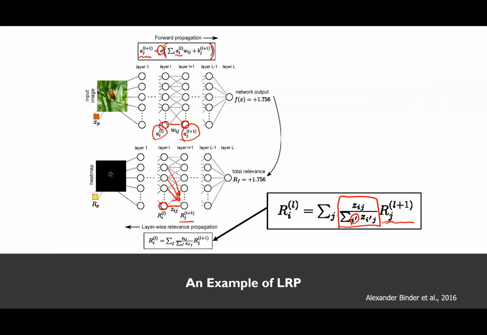I collect all of those contributions from all the possible nodes connected in the next layer. So if we have a ladybug image, the location where the ladybug is will be highlighted.